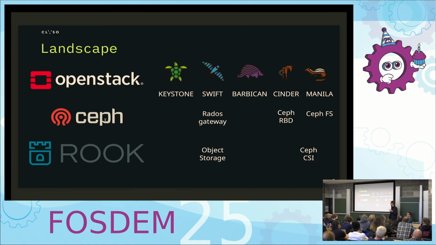Ceph daemons run as pods in the Kubernetes cluster and are orchestrated by Rook. You have an object store custom resource to configure the Rados gateway, and you also have the Ceph Container Storage Interface to provision Ceph volumes to the Kubernetes cluster. In this talk we will focus only on object storage for now.